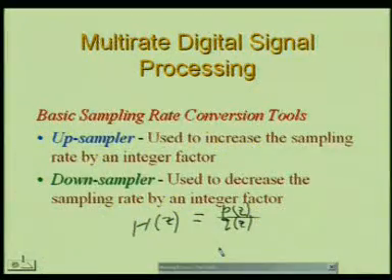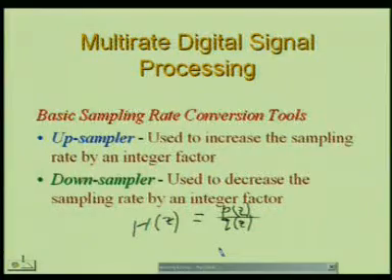Similarly, we have another tool known as downsampler, which may also be treated as a digital device, which is used to decrease the sampling rate by an integer factor.